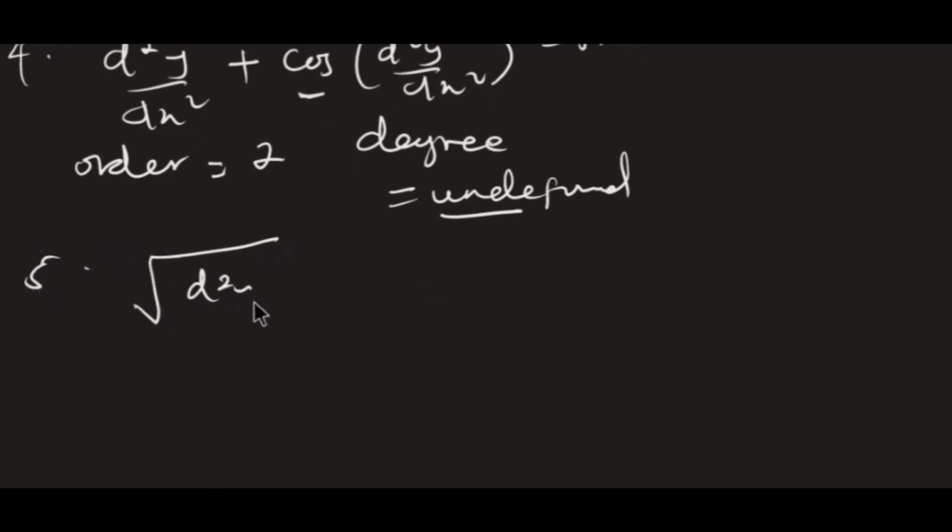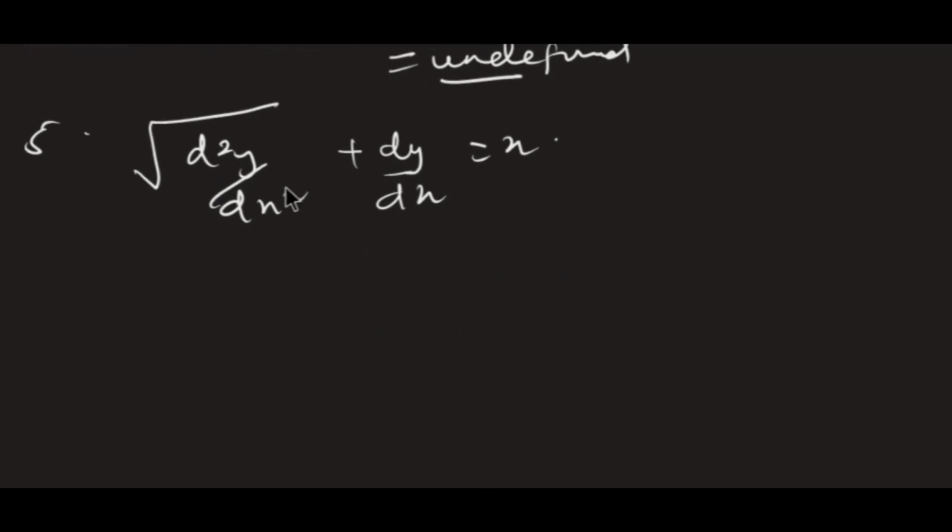Finally, let's see the last example. Square root of d squared y over dx squared plus dy over dx is equal to x. In this equation, before you can find the order, we need to make sure that the powers of our derivatives are integers, not a radical. So I'm going to take this one to the other side, so that I can square both sides this way.